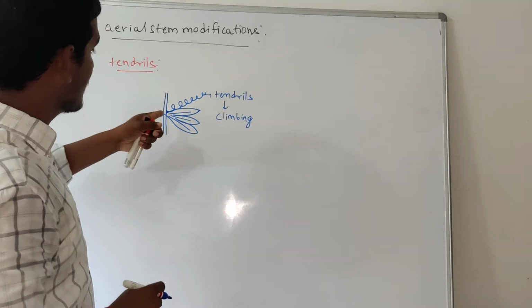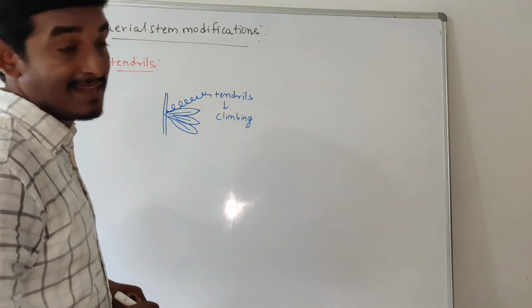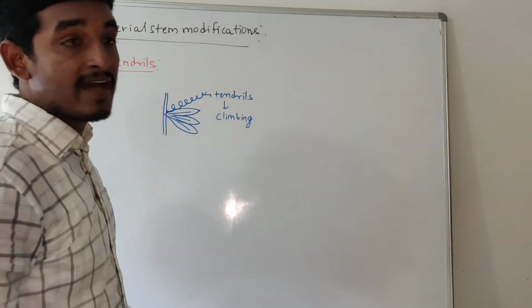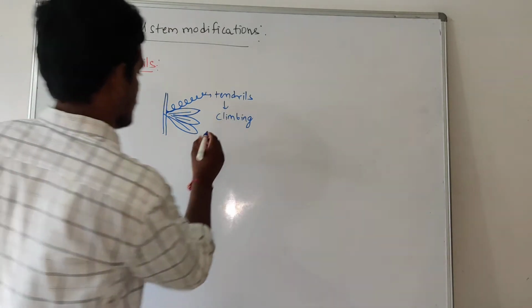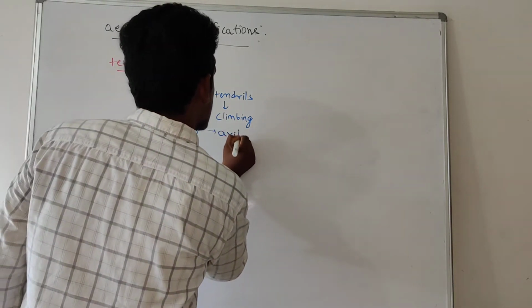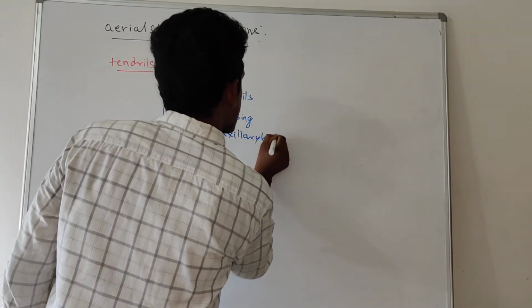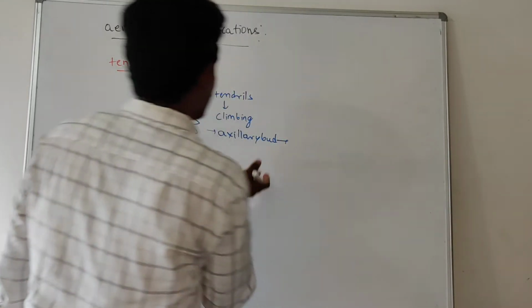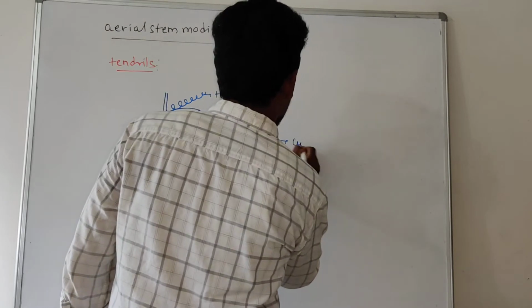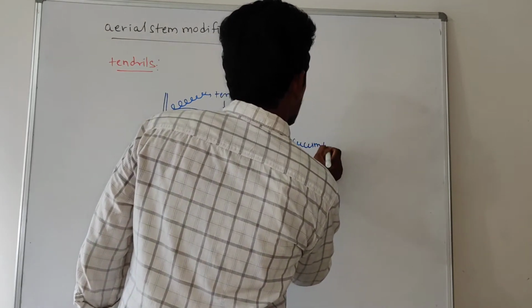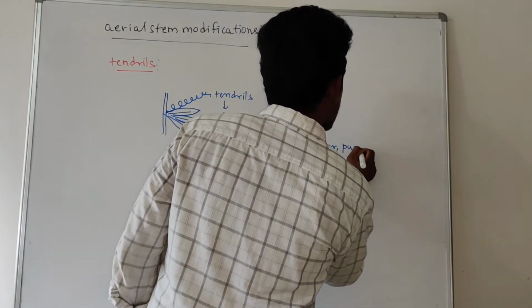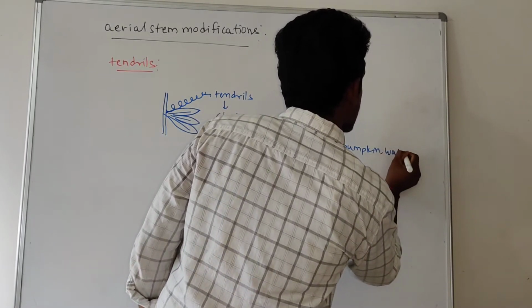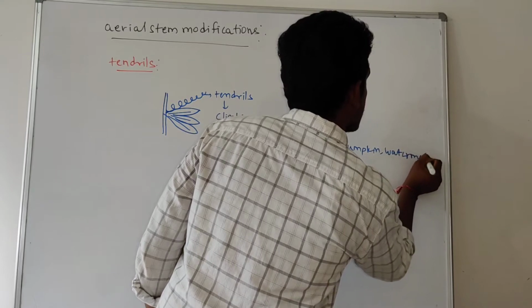Where are the tendrils originated? In the axillary position. Here the axillary bud is modified into a tendril in some plants, like cucumber, pumpkin, watermelon.